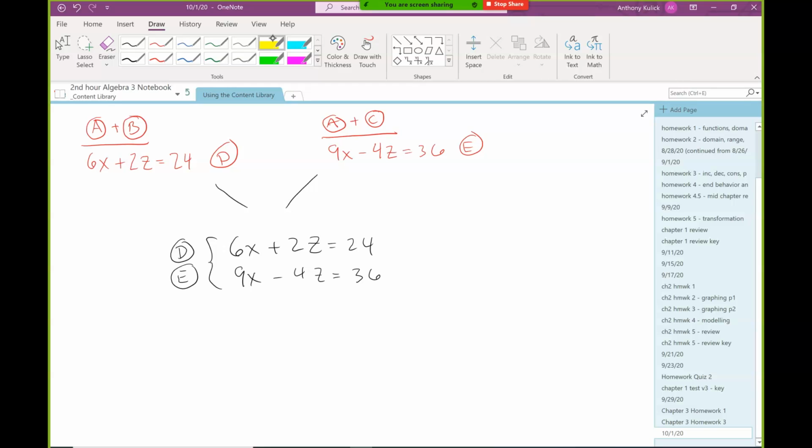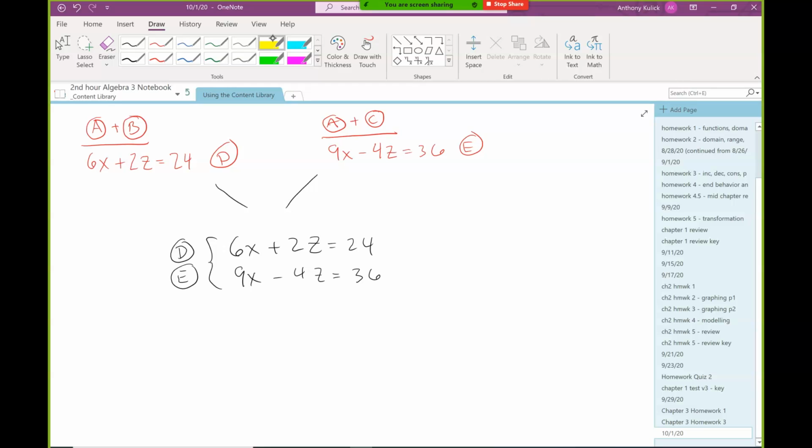X. Okay, Pedro says X. To eliminate X, we would have to find a number that both 6 and 9 go into. So like 18. So I could multiply the first equation by 3 and the second equation by -2. That would make the coefficients positive 18 and -18, so the x's would cancel out.